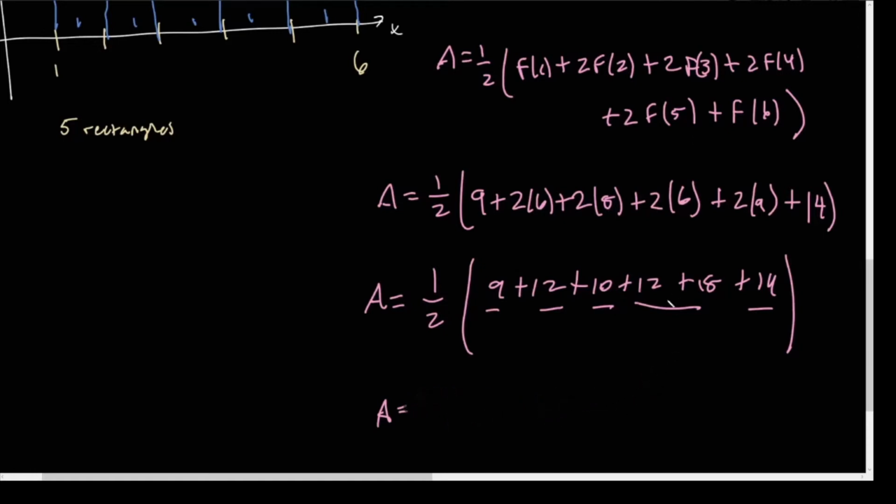I missed something. 12 plus 18 is 30, 40, 52, 66, 73. It's 73 halves. 75 halves. Oh yeah, okay. I'm just having a stroke over here. It's fine. So A is 75 halves, or 37.5.